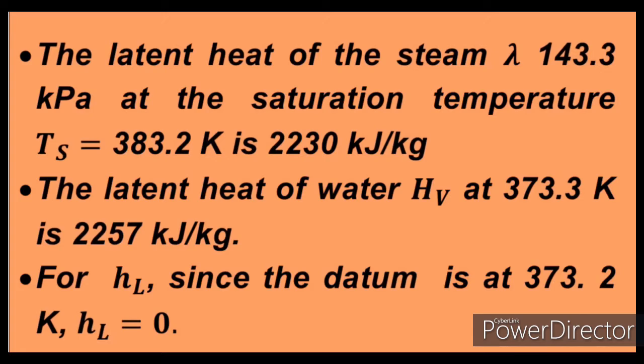The latent heat of the steam at 143.3 kPa and saturation temperature 383.2 Kelvin is equal to 2,230 kilojoules per kilogram. Then the latent heat of water at 373.2 Kelvin is equal to 2,257 kilojoules per kilogram. Then, for HL, since the datum is at 373.2 Kelvin, HL is equal to 0.